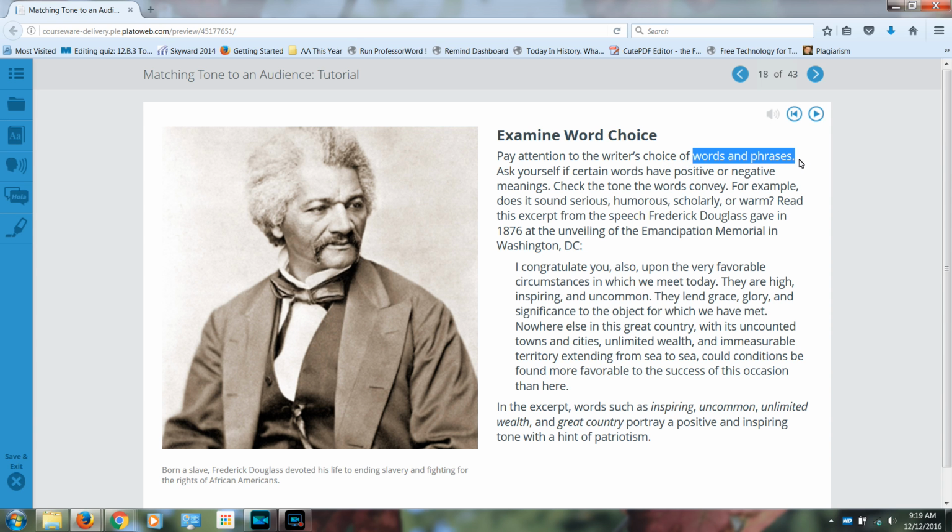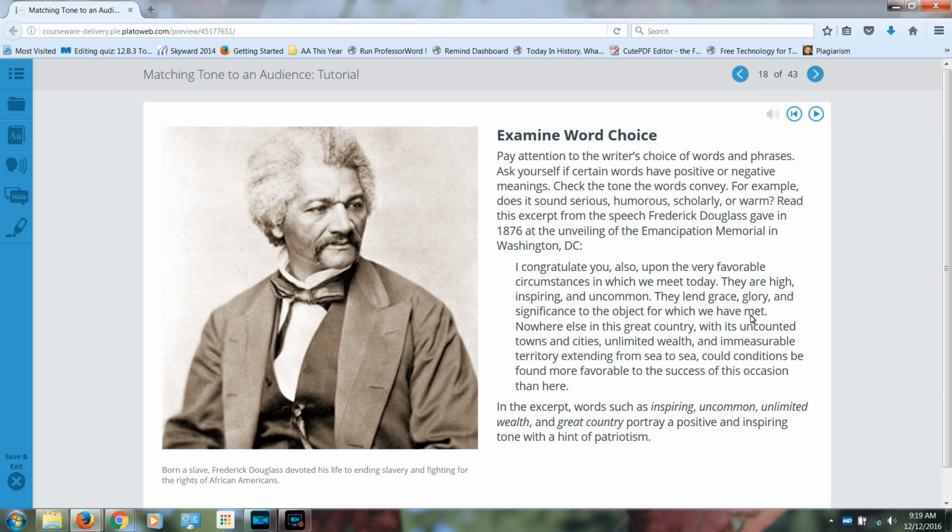If you look at this speech by Frederick Douglass, he says, I congratulate you also upon the very favorable circumstances in which we meet today. They are high, inspiring, and uncommon. They lend grace, glory, and significance to the object for which we have met.